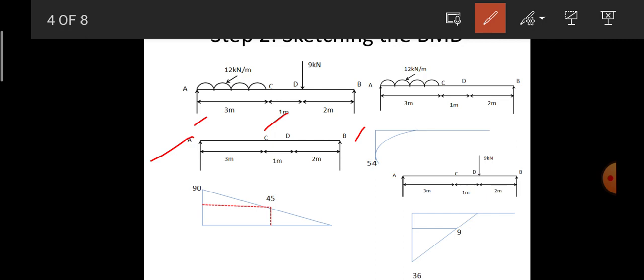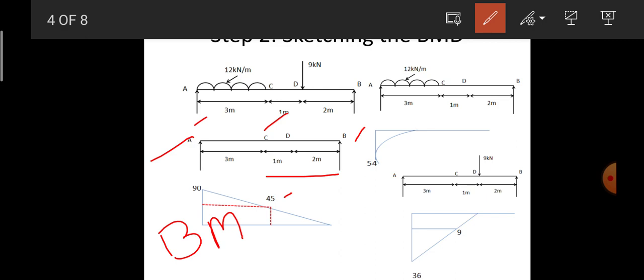VB into the distance between B and C, which is 3 meters. VB is 15 kilonewton, which I got from the previous slide. So 15 into 3 comes to 45 kilonewton meter.